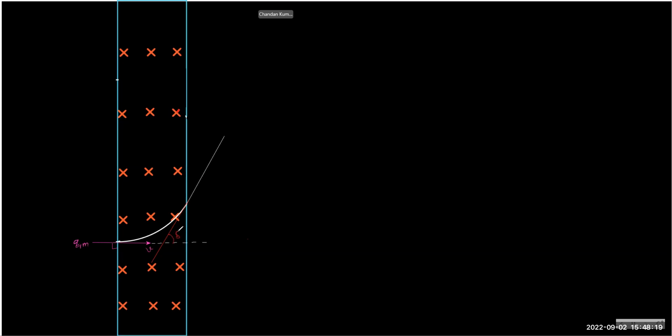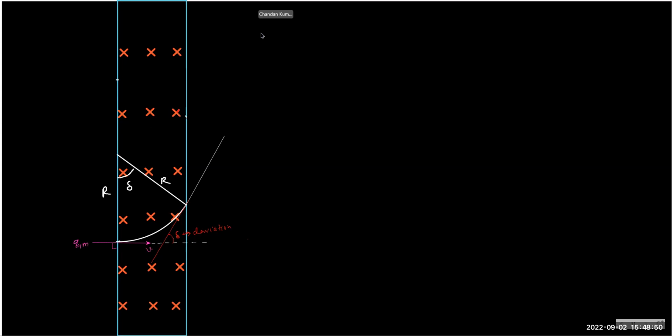This is called deviation. And this is the arc that it will travel. So this is the angle, and this angle from geometry will be equal to the deviation, right?